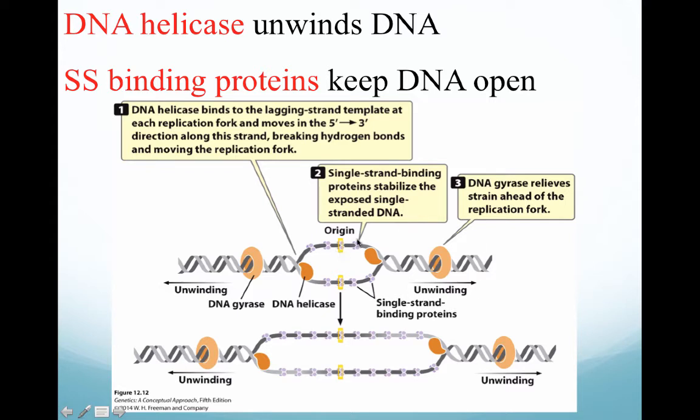You can see them right here, and they are going to orient themselves in a set of 4 around the single-stranded DNA, and that's going to help to stabilize DNA so that the replication bubble stays open for the replication process to take place. These single-stranded binding proteins are going to be anywhere that you see single-stranded DNA occurring.